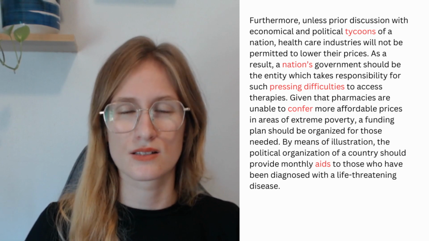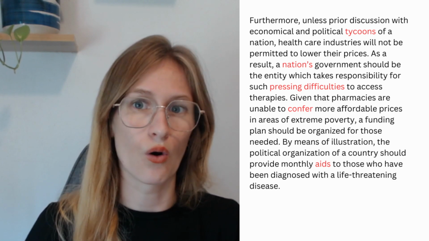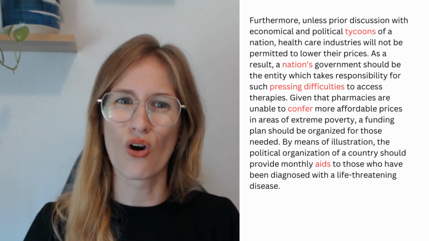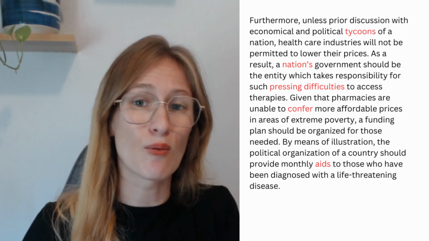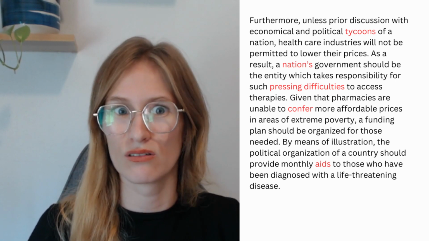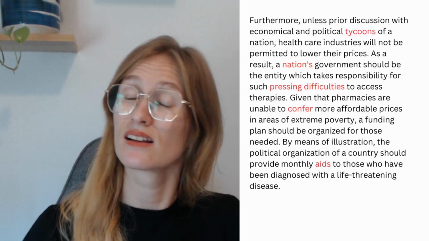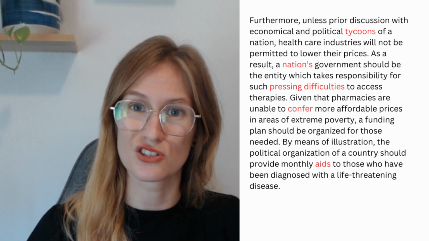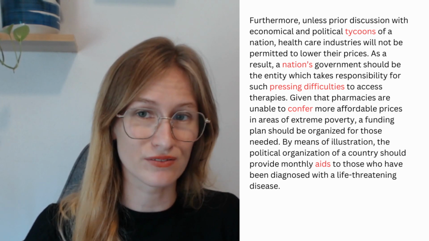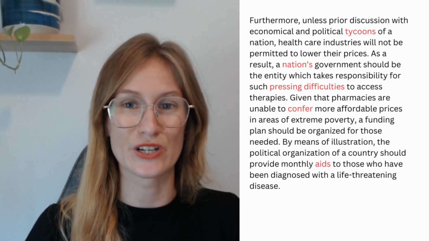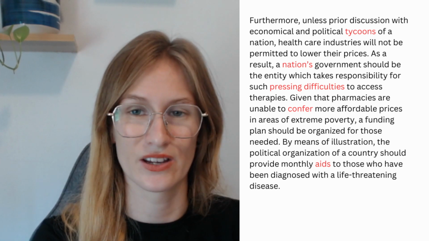So again, an example of a synonym for a wealthy person, but not used quite correctly. However, I didn't mark her down on this because I could see what she meant, and she's technically not incorrect. Politicians usually are very wealthy and very powerful, so they are tycoons. We just don't describe them as tycoons.